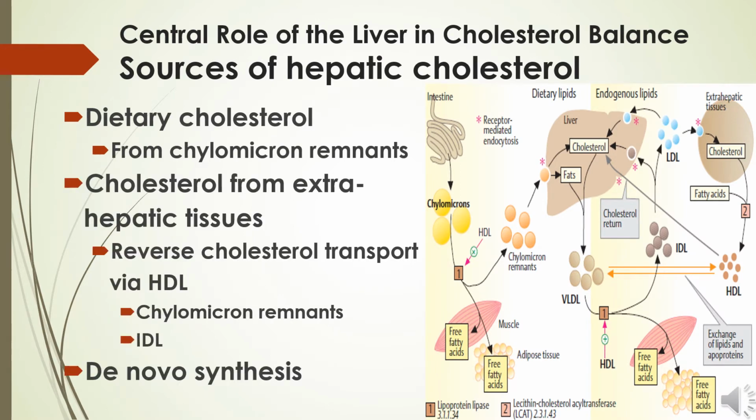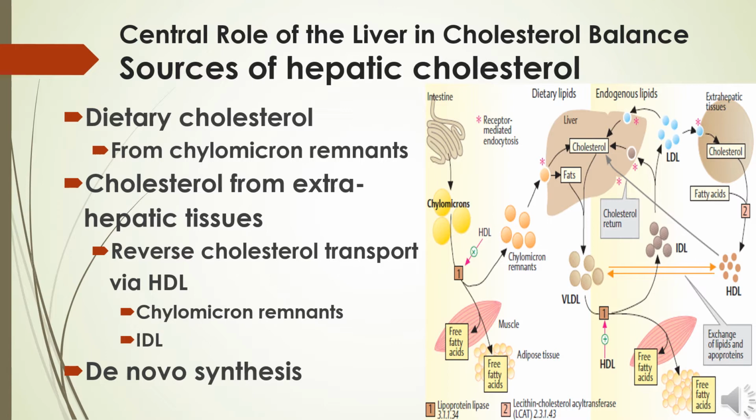The sources of hepatic cholesterol. After lipid digestion, chylomicrons and other lipids are absorbed and bypass the liver to the circulation.